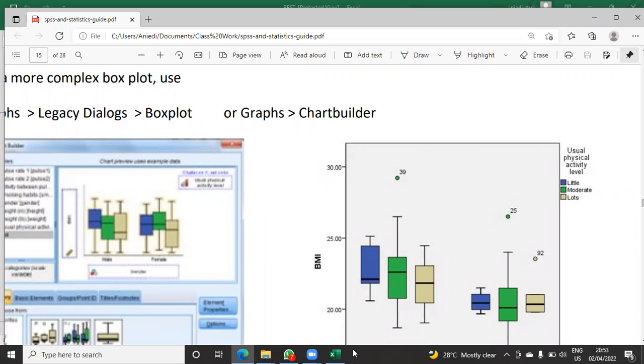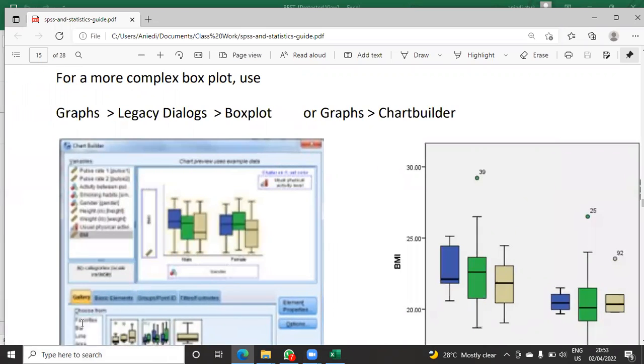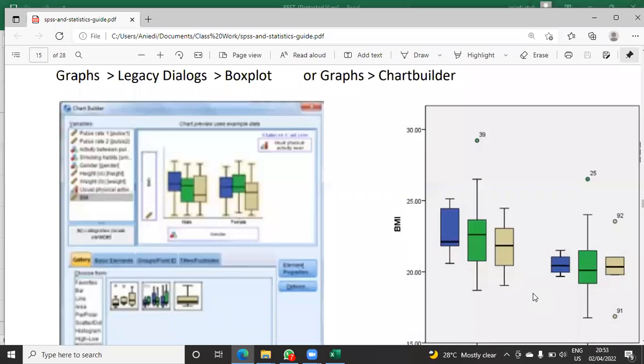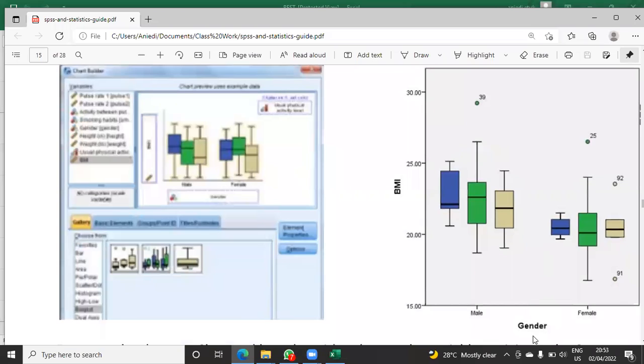So each of the variables in this particular data set, I don't know why this is blurry, but they presented this in the box plot according to gender, male and female.